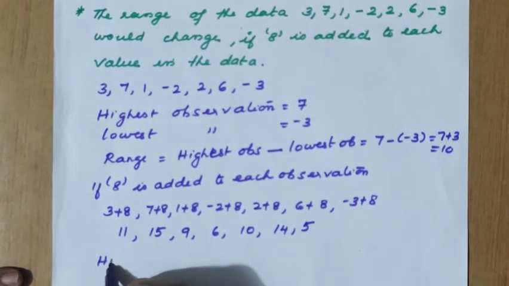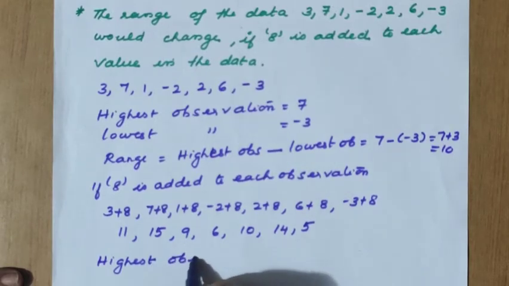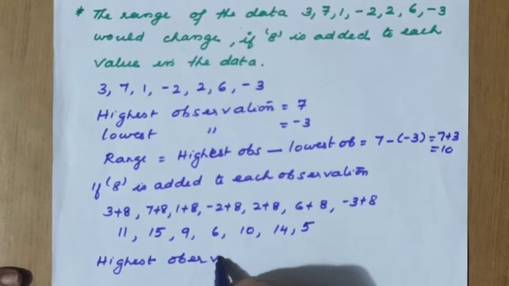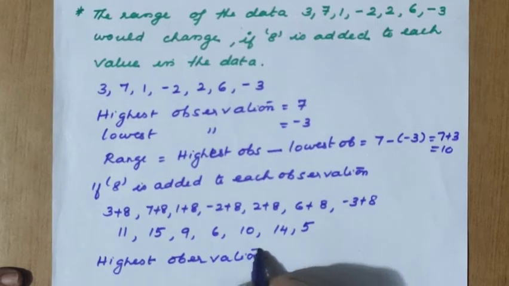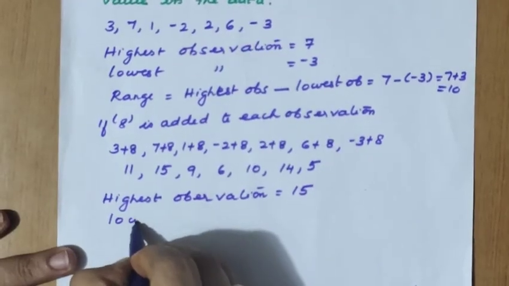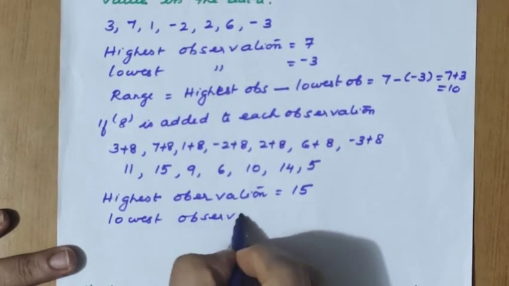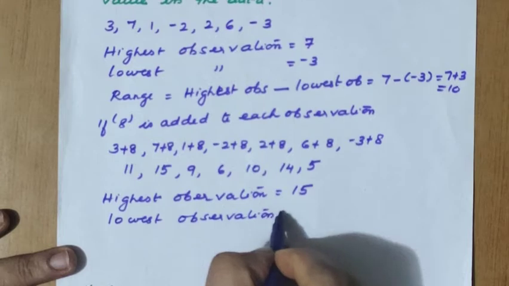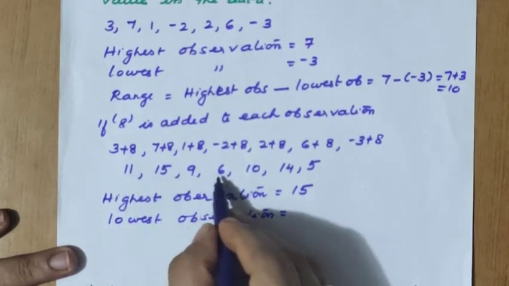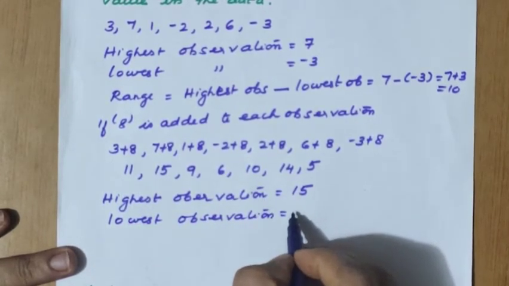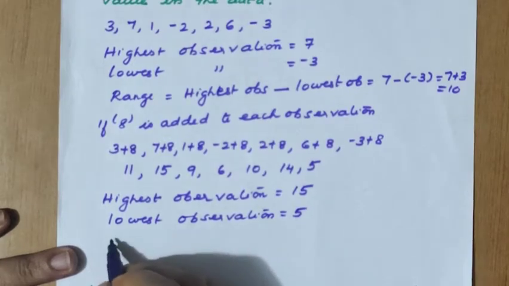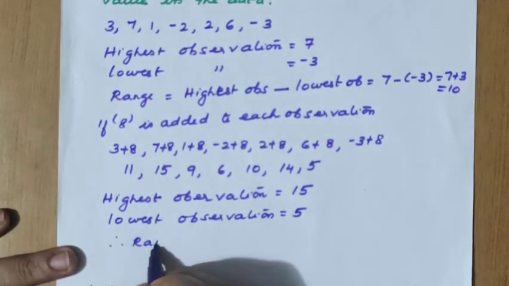So what is the highest observation? Equal to 15. Lowest observation equal to, see 11, 15, 9, 6, 10, 14 and 5. So it is equal to 5. Therefore range we can calculate.